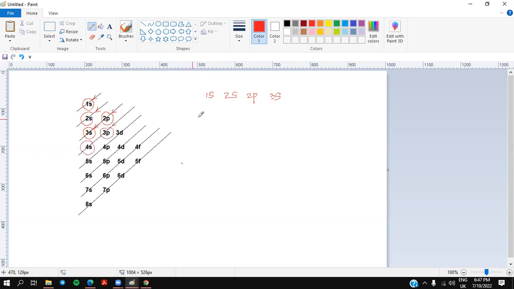So we can write 3p, 4s. That's how electrons are arranged. If you want to do further, then we come over here. It is 3d. You write 3d and then 4p and then 5s. Likewise, you go on writing electrons in the electronic configuration.